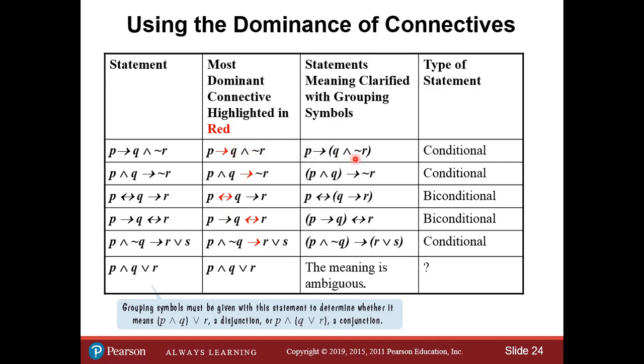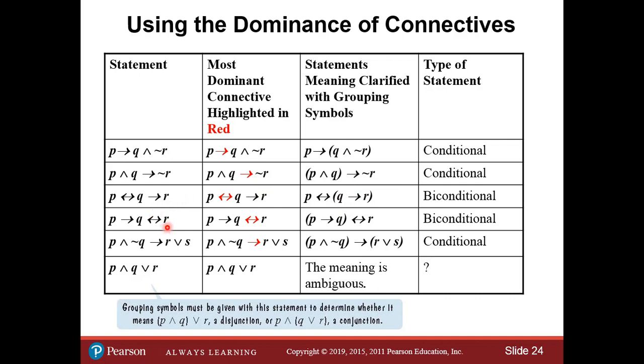And so this would be the correct form, and it's a conditional. Okay, so this would be a conditional statement. Here, again, the most dominant one is the implication, so these two are going to be grouped together, and it's a conditional. Now here, the biconditional is the most dominant, so we would group these two together in parentheses.